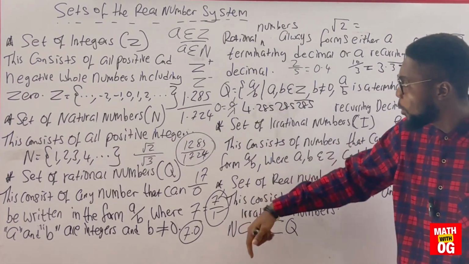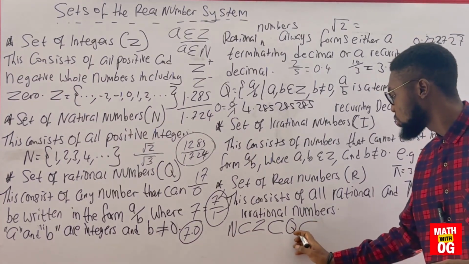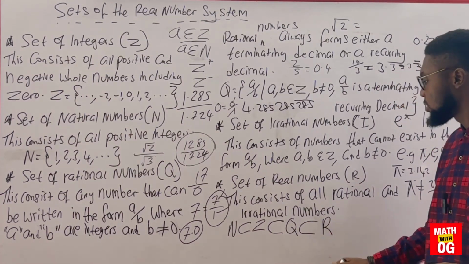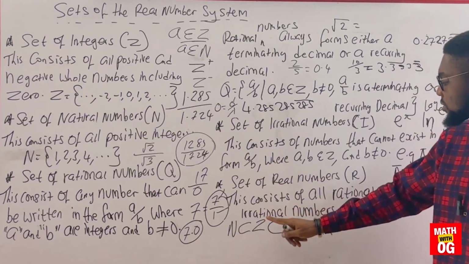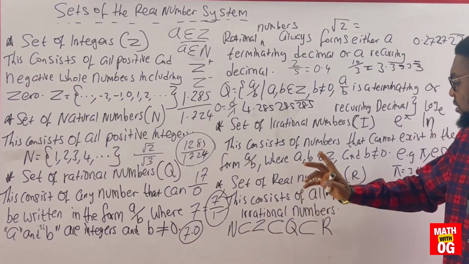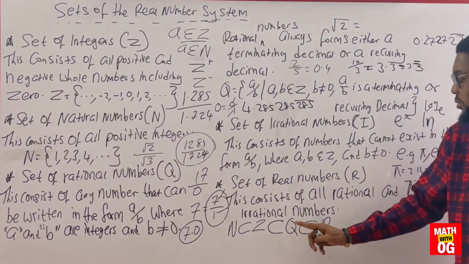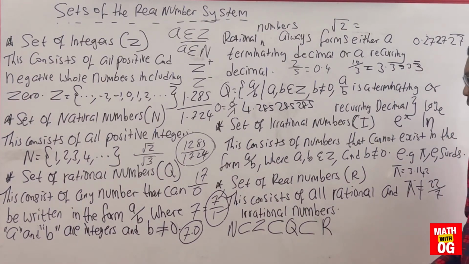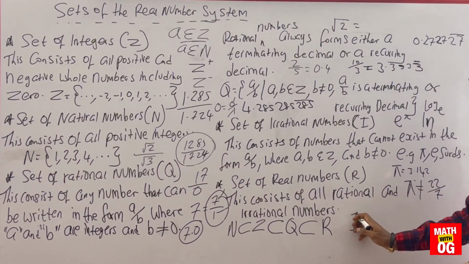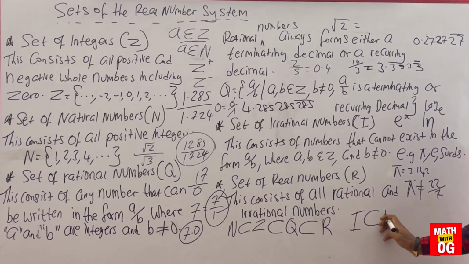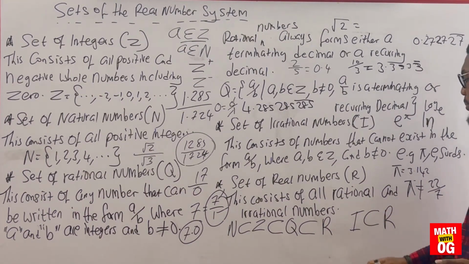Now, this rational number, as you can see, is a subset of real numbers. So your natural numbers are a subset of integers. Integers are a subset of rational numbers. Rational numbers are a subset of real numbers. And lastly, your irrational numbers are also a subset of real numbers.